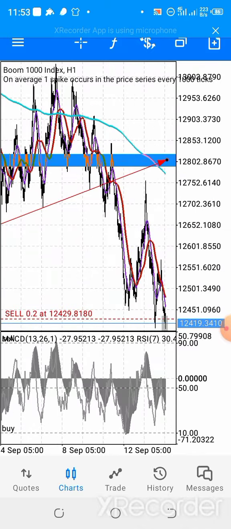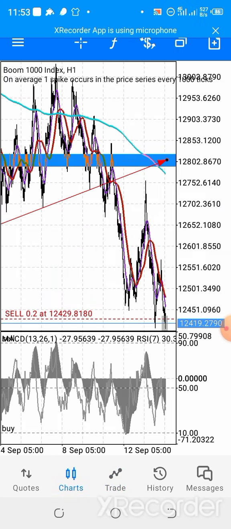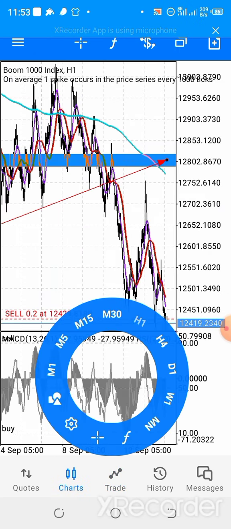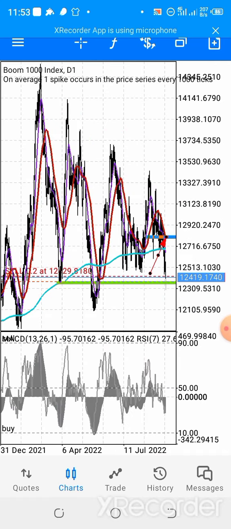So I'm anticipating a buy in this market, but that is until price gets to this green, until I sight this green on the 5 minutes and 15 minutes chart. Then when I sight it, I want to see price give us a buy signal and a retest for a buy. The retest has to happen on the 20 moving average.